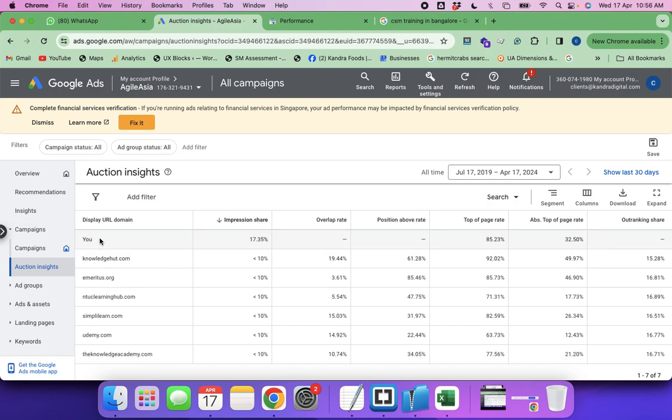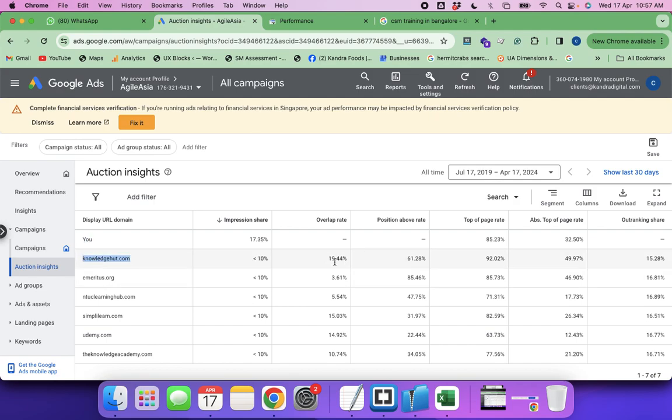So this indicates only of the times. But the overlap rate is very small, only for this 3% of the keywords. Let's assume 100 keywords, each of them is bidding on 100 keywords. Of that, 19 keywords are used by this player, and 3 or 4 keywords are used by this other player. Everybody is bidding on 100 keywords, but the 100 set is different for this one and different for that one.